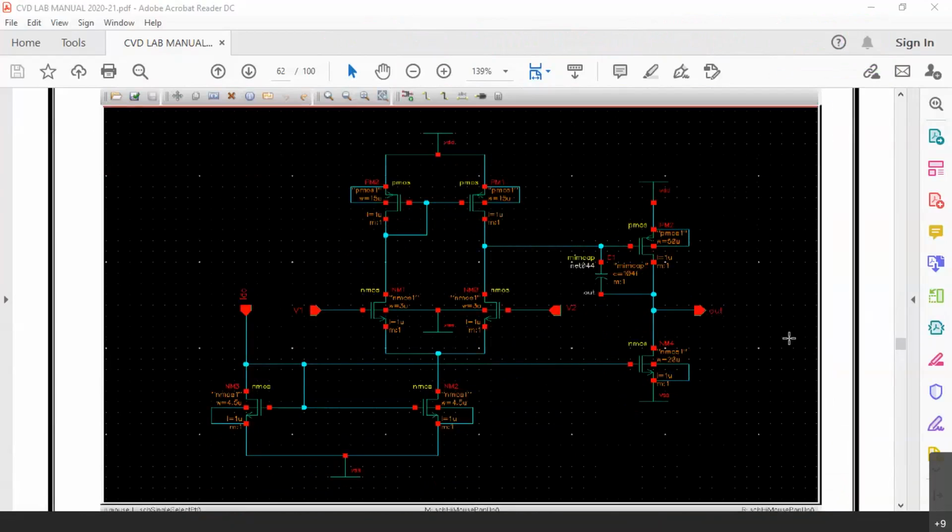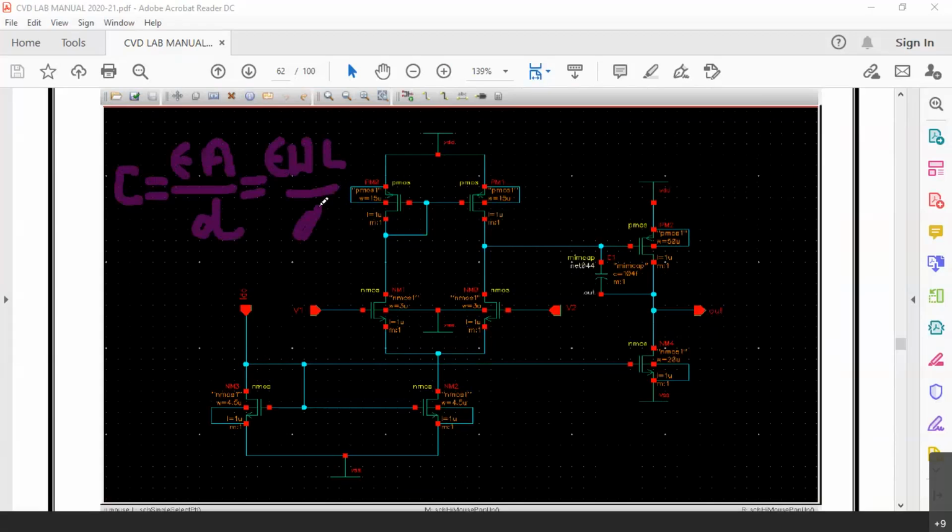W into L, right? Let me write. C is equal to epsilon A by D, where D is the thickness here. We can write it as T also in this case. Now what is A? W into L by D.